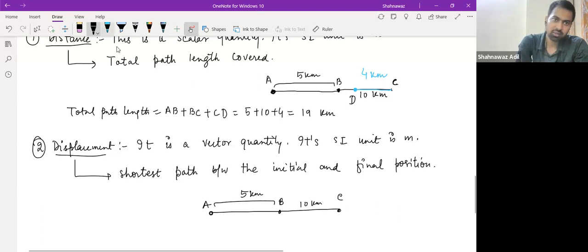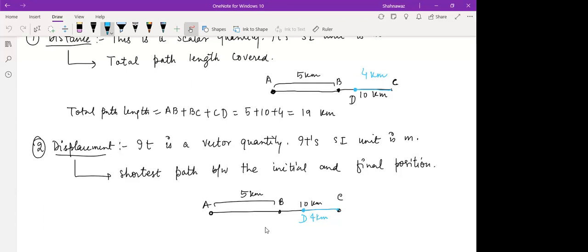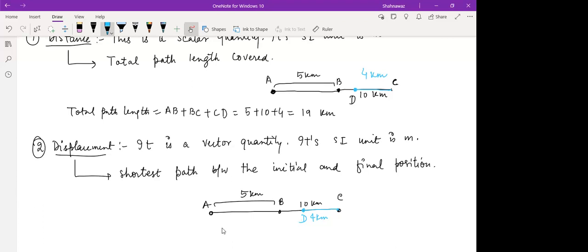And then I come back 4 kilometers. So my initial and final positions are what? Initial will be A, and final is D, right? So AD would be how much?